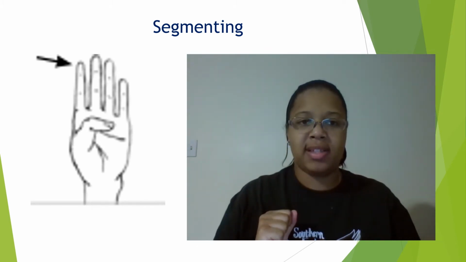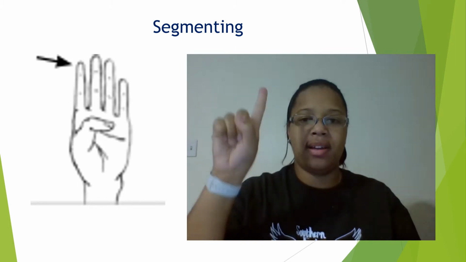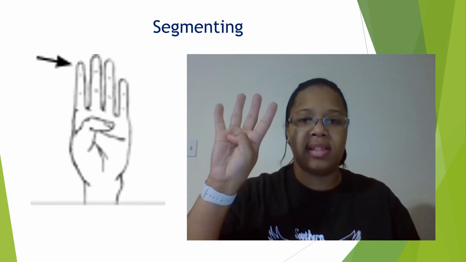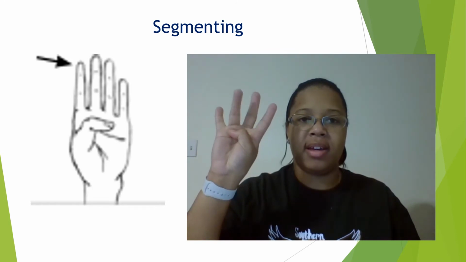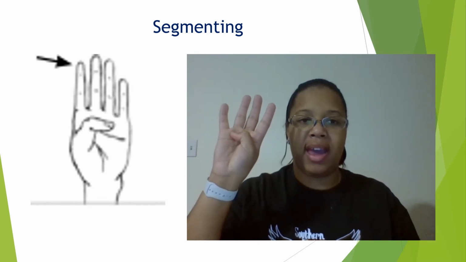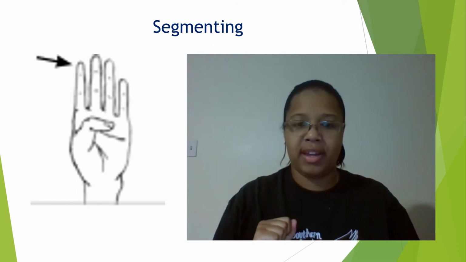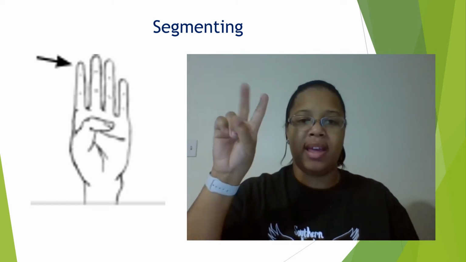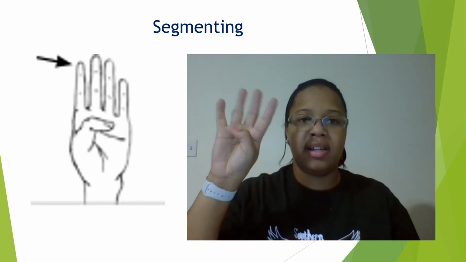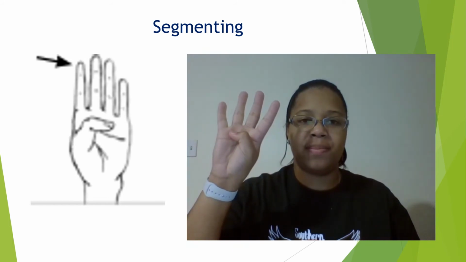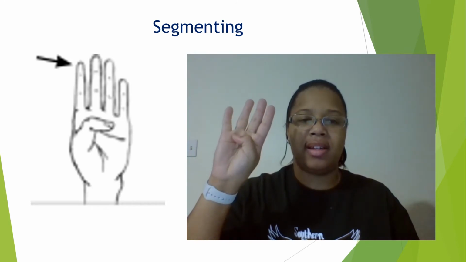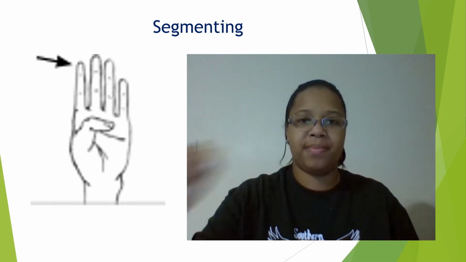The next word is cakes. K, a, k, s. Cakes. All right, here's our last word, desk. D, e, s, k, desk. Good job.